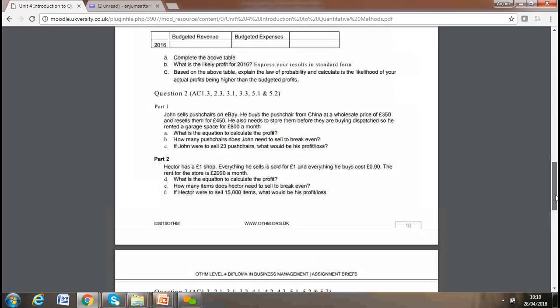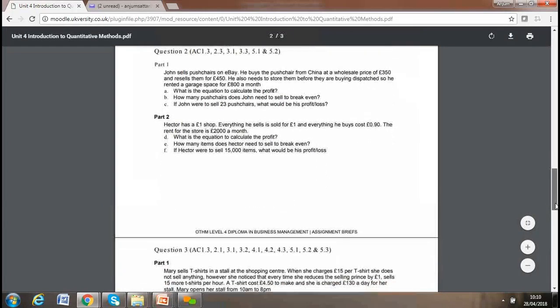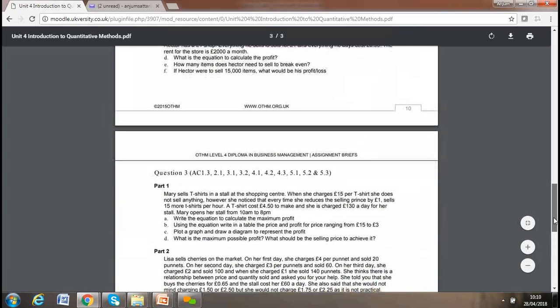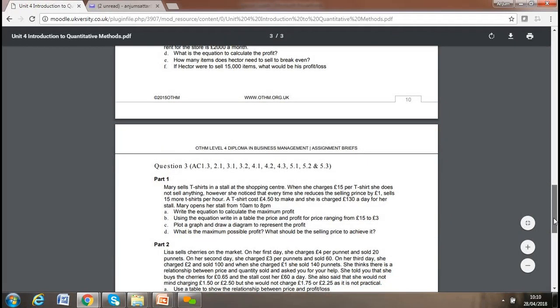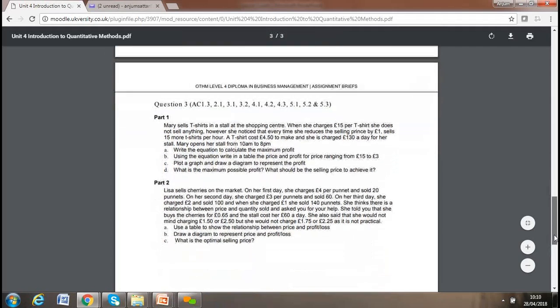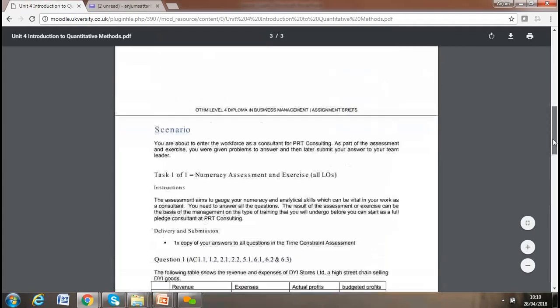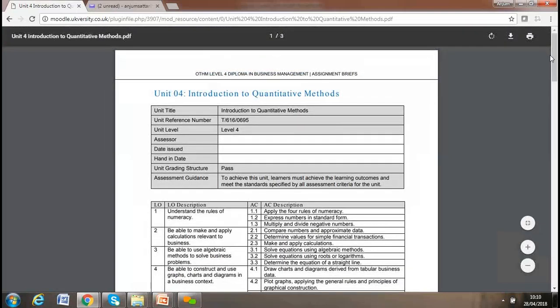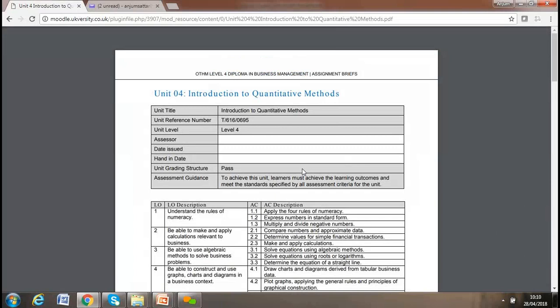If we look at part 2 as well, that's all about break even again. Question 3, part 1 is all about maximizing profit, price changing and things. So that's all your assignment. Any question? No, sir. So I wish to explain these, and then you can calculate your own as well, and then your assignment will be prepared, and then of course happy days.